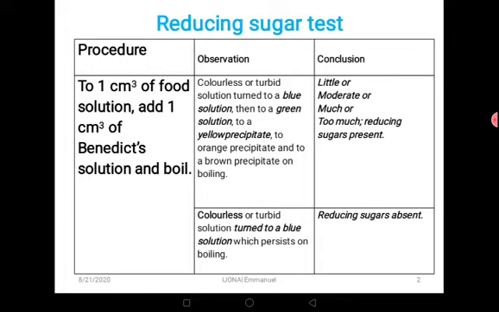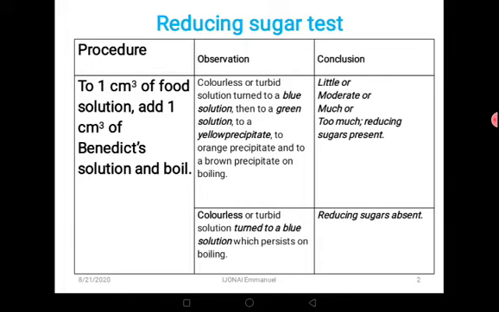That is on addition of Benedict's solution. Whatever the solution is, it will turn to a blue solution. And then on boiling, it will turn to a green solution, yellow precipitate, orange precipitate, and finally to a brown precipitate.